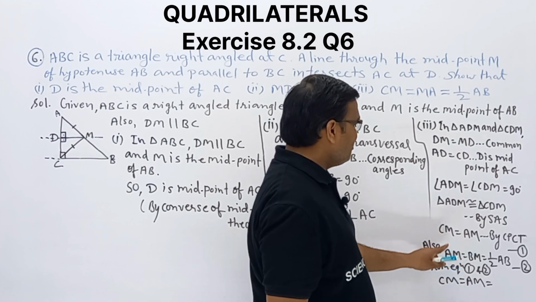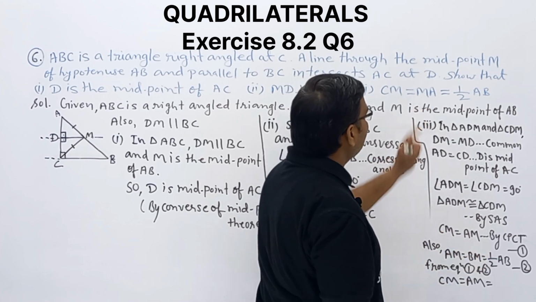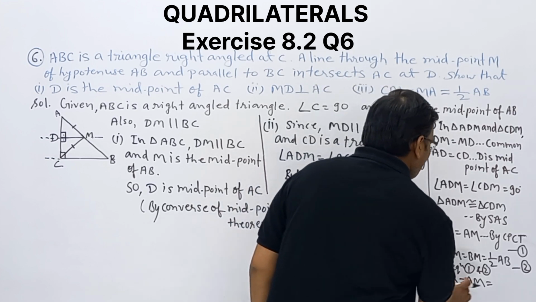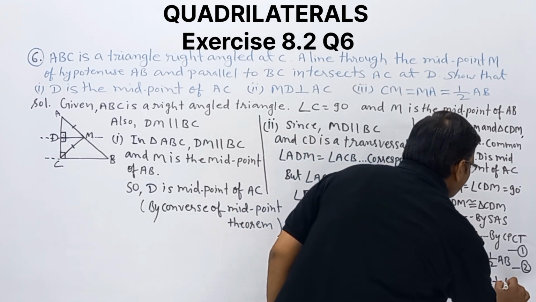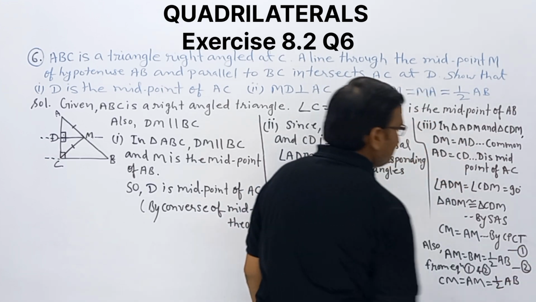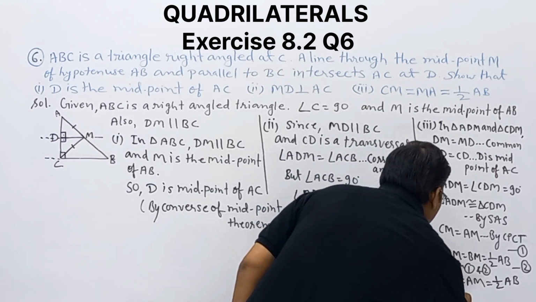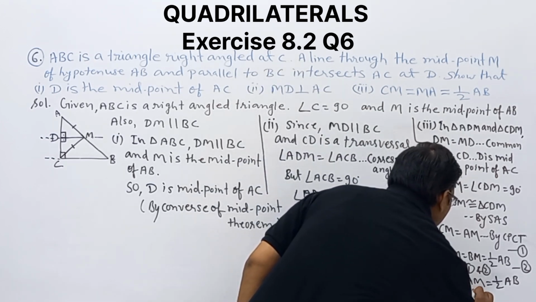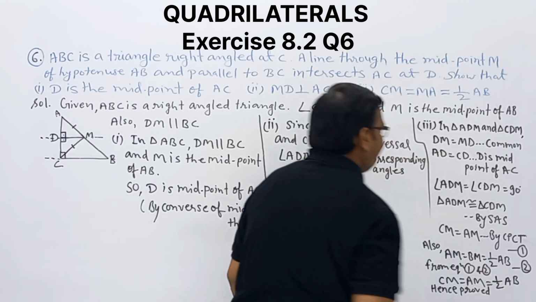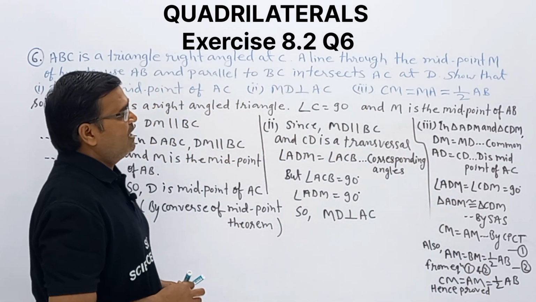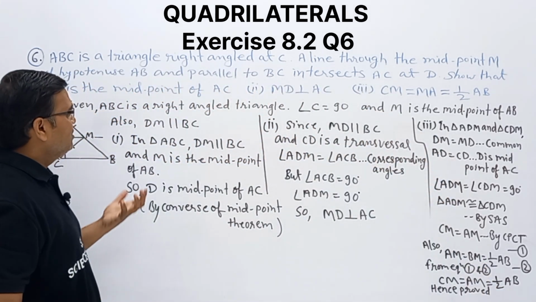So we can say CM equal to AM equal to half of AB. This thing we want to prove, so hence proved. Clear?